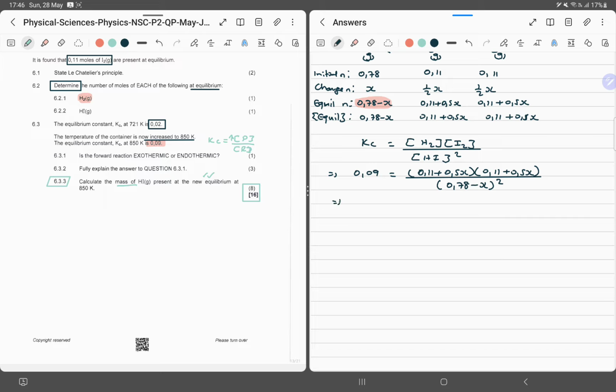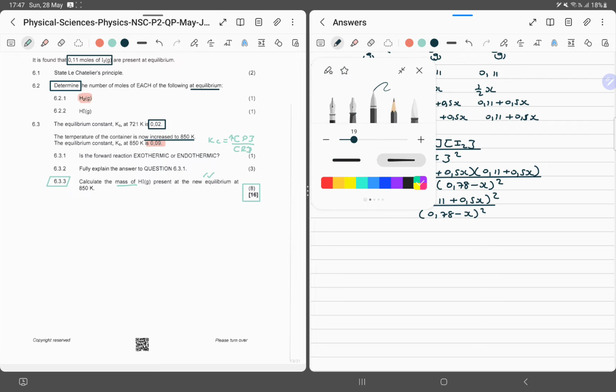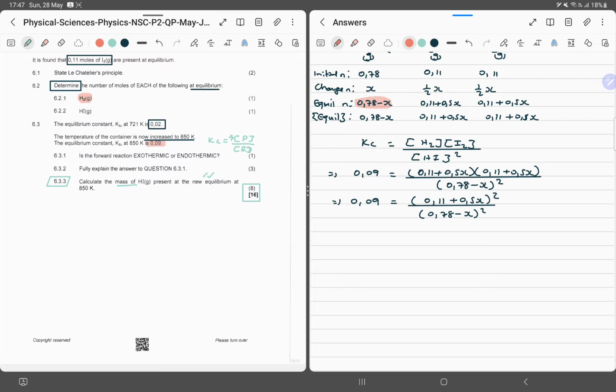And then we can simplify this a bit. This is the same as 0.11 plus 0.5x all squared, all divided by 0.78 minus x squared. Now here, it's much easier to just take a shortcut of just taking a square root here. Because if you just take the square root here, the only reason though it's possible is because we've got squares in the numerator and denominator on the right hand side.